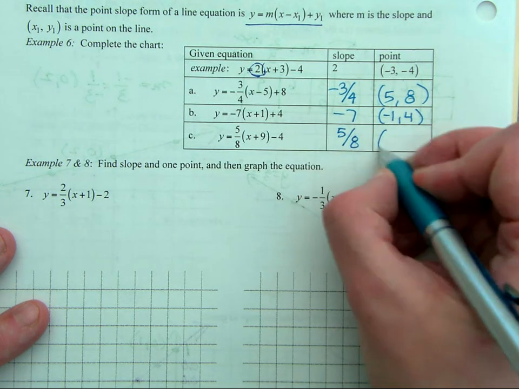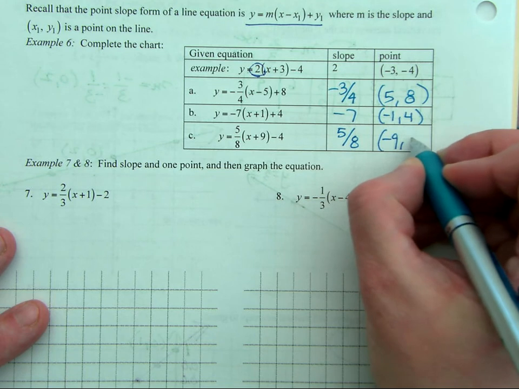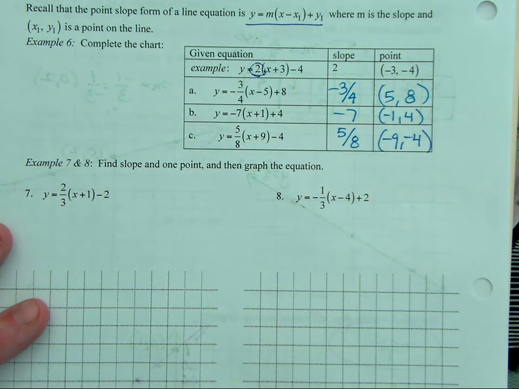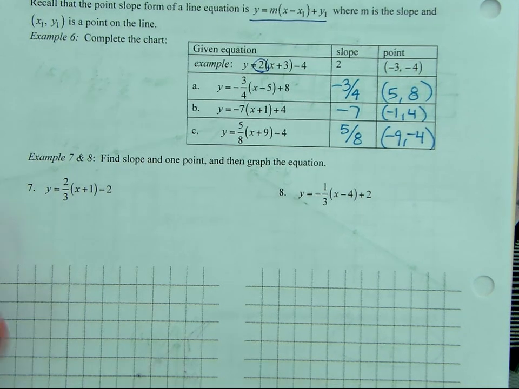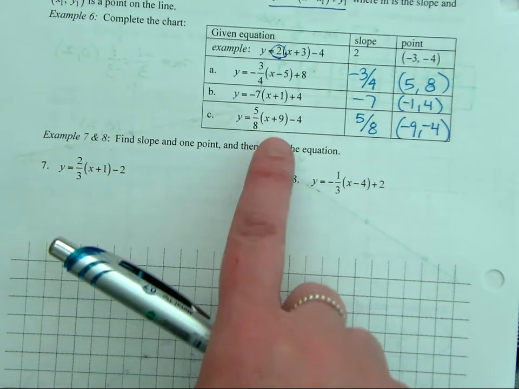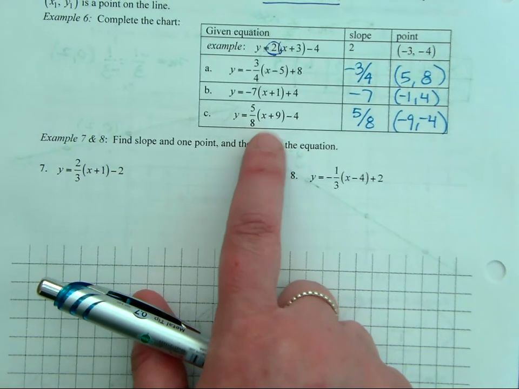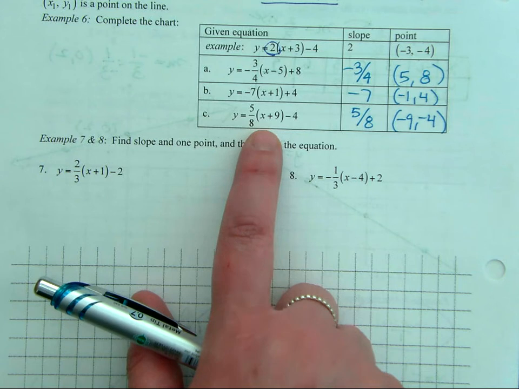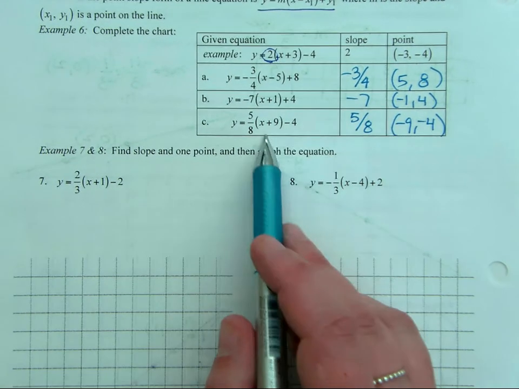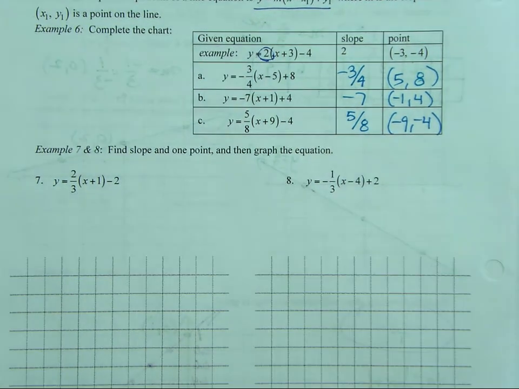Yes? Negative 4, negative 5, or negative 9, negative 4. Yeah. Do you see where I'm getting these answers from? Great. So once you have a problem written like this, if you can identify that that's the point slope form, you can take the slope and then you can find that point just by looking at the form written that way.